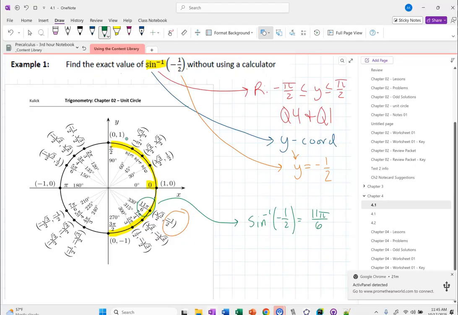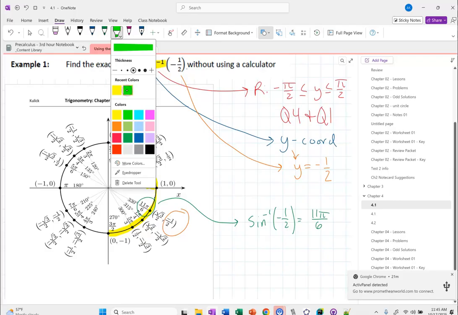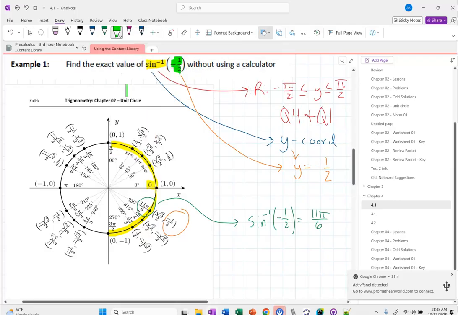No, the angle has to be, why would you say pi over 6? Pi over 6 is in quadrant 1. Our answer has to be in quadrant 4, right? But you're getting closer.